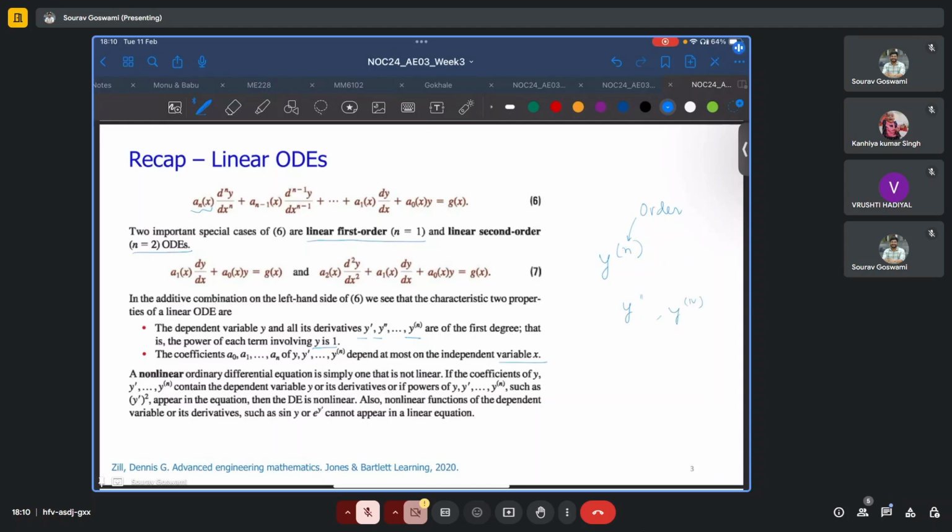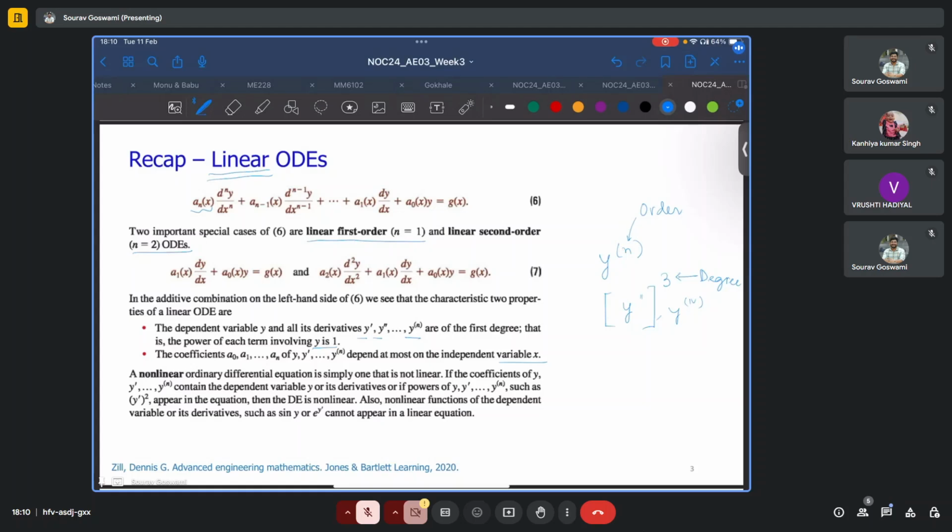Whereas if this derivative term is raised to some power, say cubed, then this refers to the degree. And here typically we'll only be dealing with linear ODEs, that is, this exponent or power will always be 1. However, the order can be arbitrarily high.